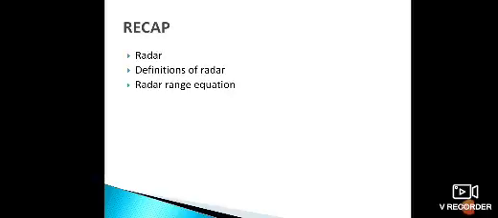So in the previous session I told about what a radar is, the principles involved, the working of a radar, a simple block diagram of radar, the definitions involved in our radar system, and what the radar range equation is.